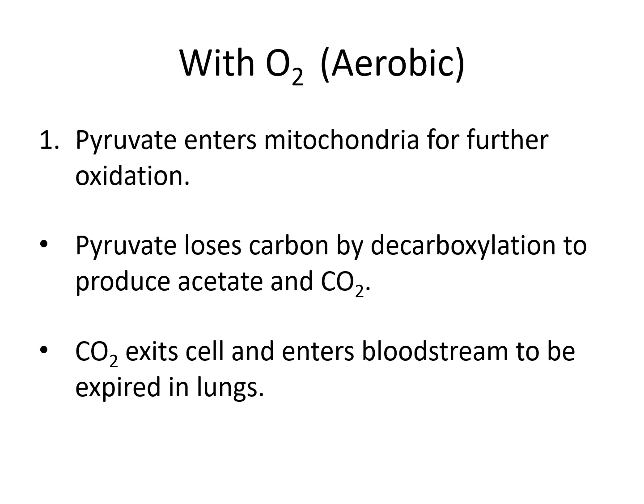Pyruvate loses a carbon by a process called decarboxylation. It removes a carbon atom to produce a molecule of acetate and carbon dioxide. This carbon dioxide is gaseous and exits the cell and enters the bloodstream to be expired in the lungs. So this is part of the source for the carbon dioxide that you exhale.